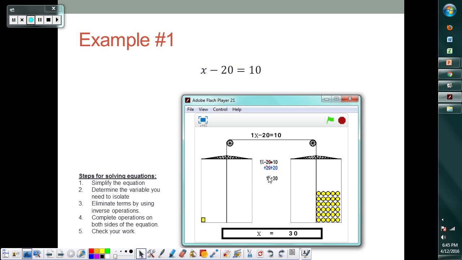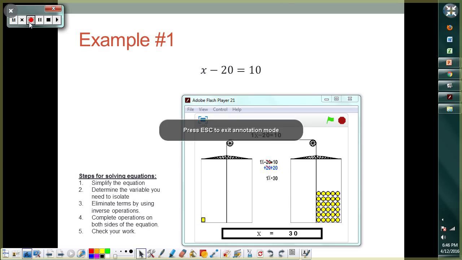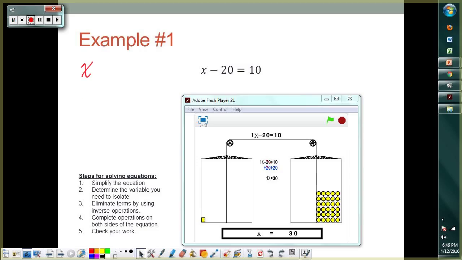Now my last step is I need to check my work. So this is something that you'll have to do by hand on your paper. Okay, and so I know that x is 30, so as I work my problem here, instead of x, I'm going to use 30. 30 minus 20 equals 10.